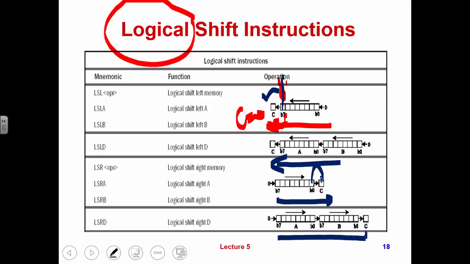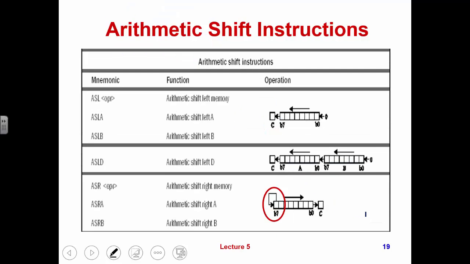This bit goes here. Even for the arithmetic shift, because arithmetic shift right is pretty much the same as logical shift. But for right, we still have bit 0 going to C. This is for left.